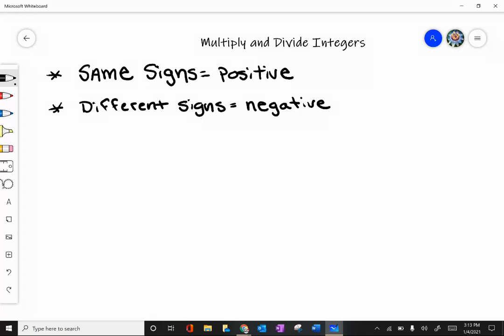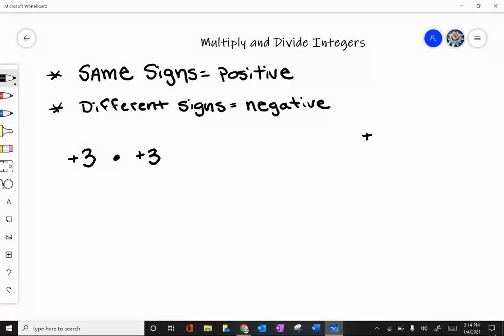So for example, if I had the same sign, let's just use positive signs, and you can do multiplication with an X. Sometimes you might see it with a dot. I know in our textbook they use a dot, so I'm going to use a dot, but that means multiply.